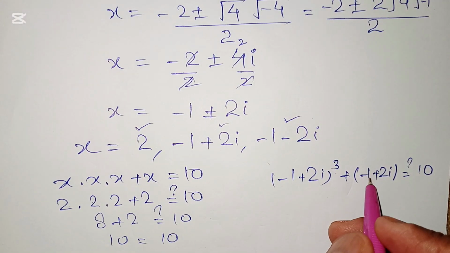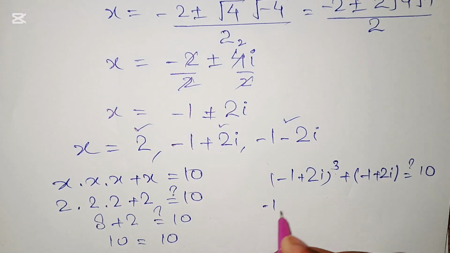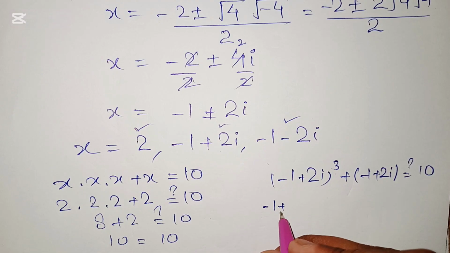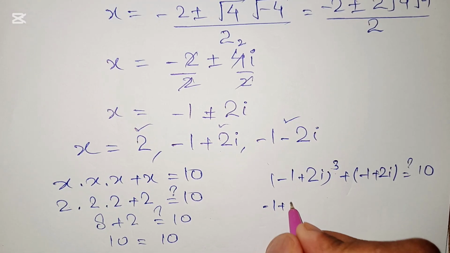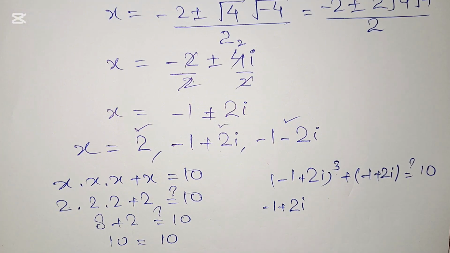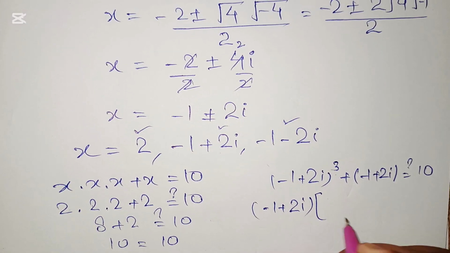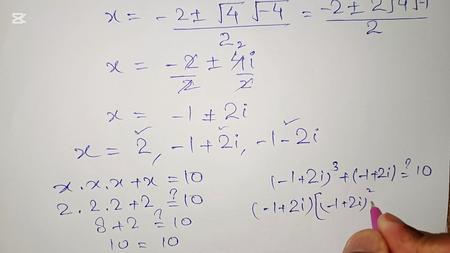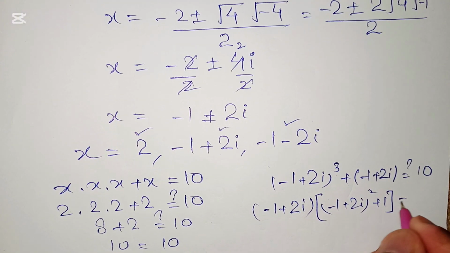We will take this common, -1 plus 2 iota. So we have -1 plus 2 iota times the square of -1 plus 2 iota plus 1 equals 10.